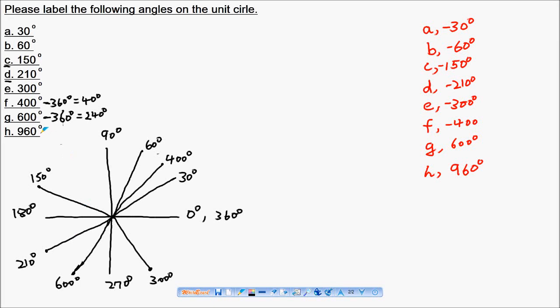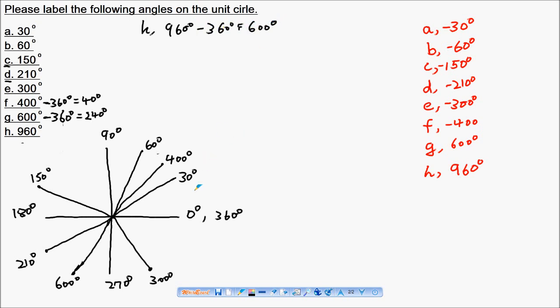Now let's do 960 degrees. So 960 degrees minus 360 degrees is going to be 600 degrees.